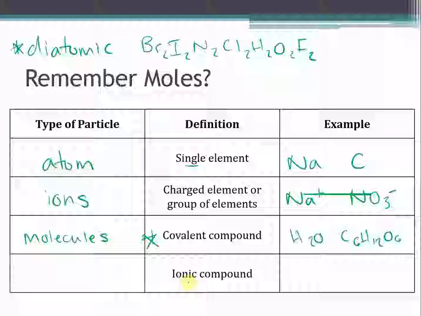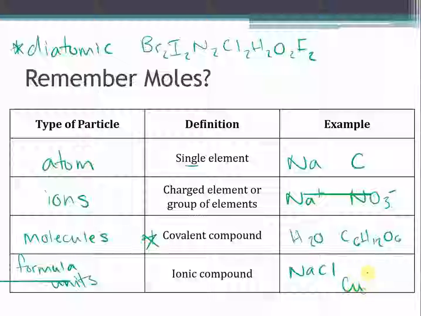And last but not least, we have ionic compounds, which are made up of formula units. And formula units can be things like NaCl, which is just table salt, or copper 2 nitrate. Anything that is made of a metal and a nonmetal, or one of your polyatomic ions, those are ionic compounds, those are formula units.